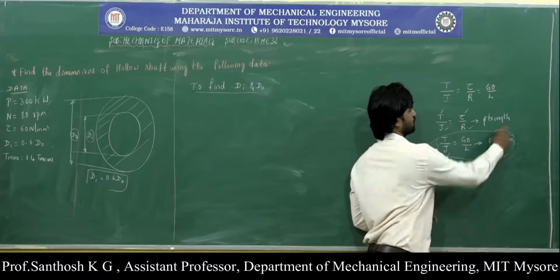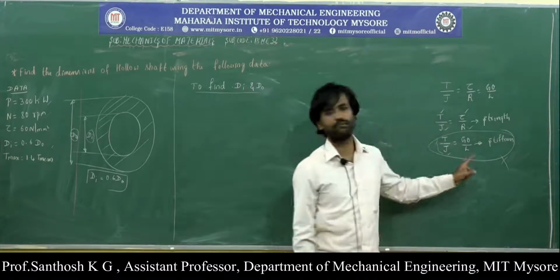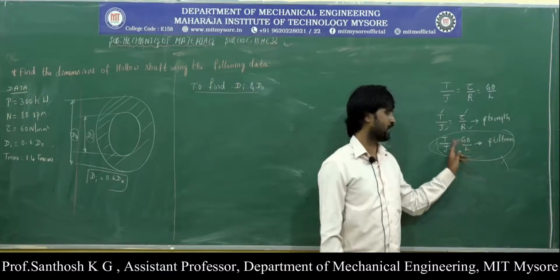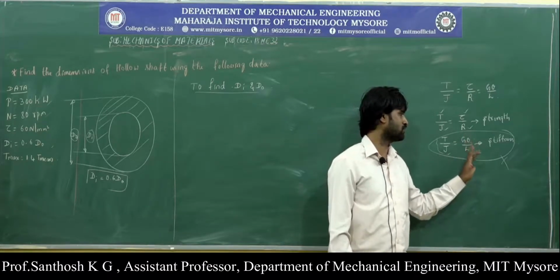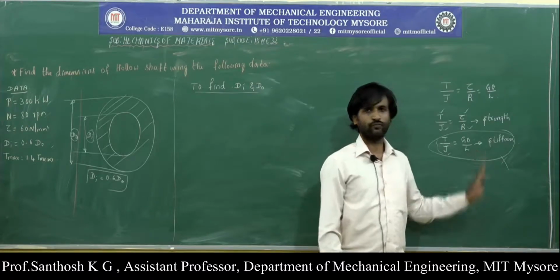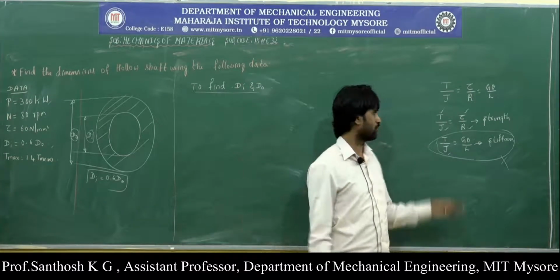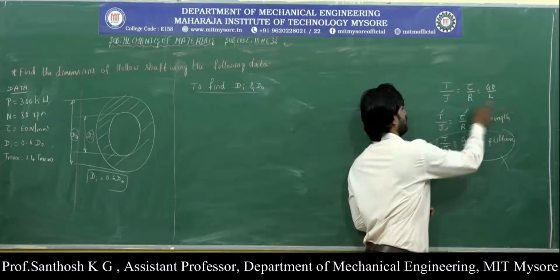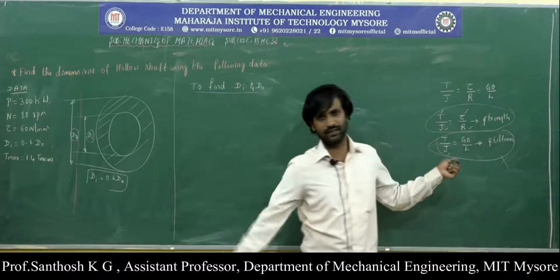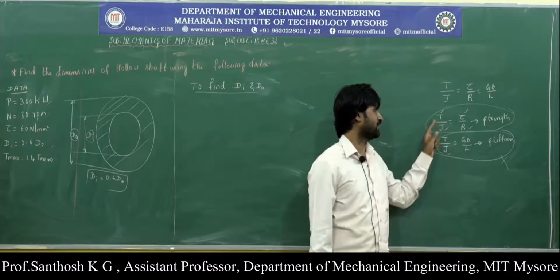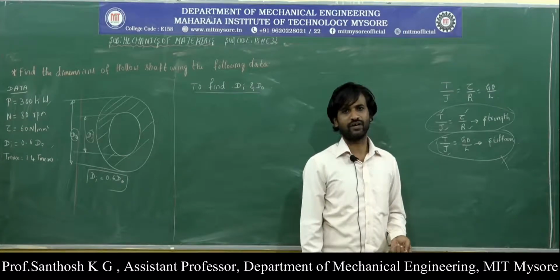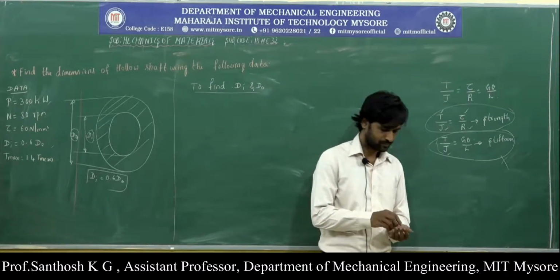So since those values are not given, it is not possible for us to use the equation T by J equals G theta by L in order to find the dimensions. So the only equation that we can make use of in order to find the dimensions of the shaft is T by J equals tau by R.